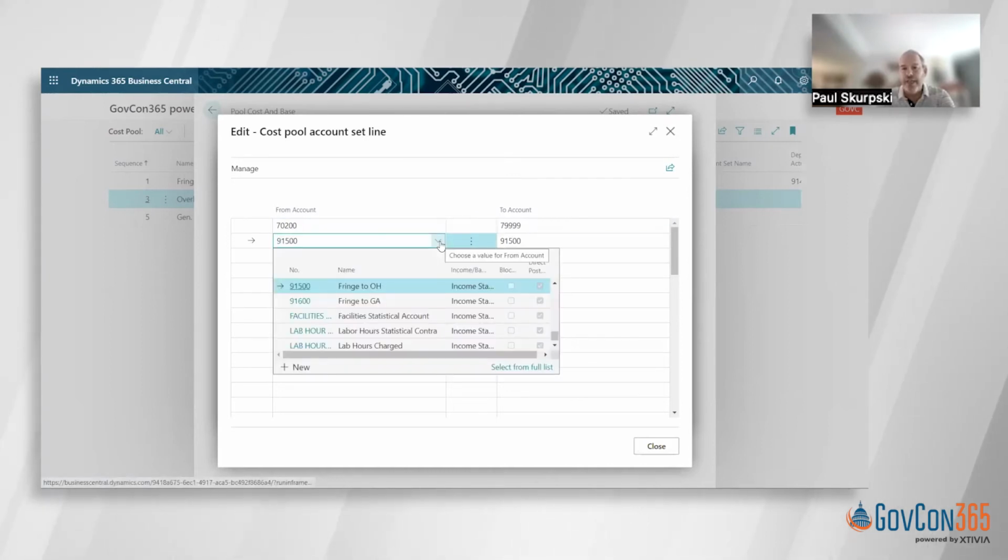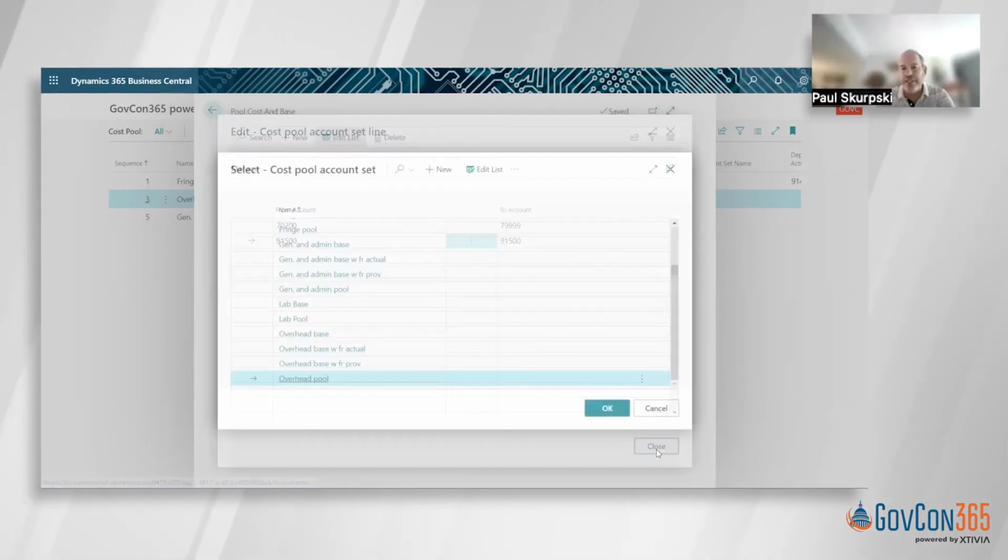Then account 91,500 is the portion of fringe that was loaded into overhead during step one, which was that fringe allocation. In that fringe allocation in my demo scenario, a portion of fringe was going direct to projects, a portion into overhead, and a portion into G&A.